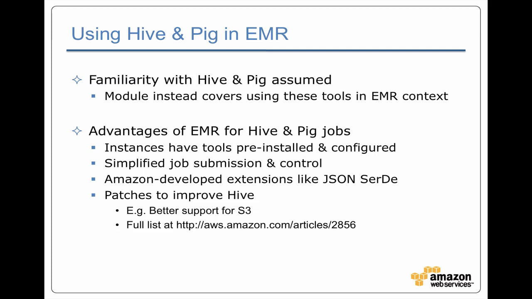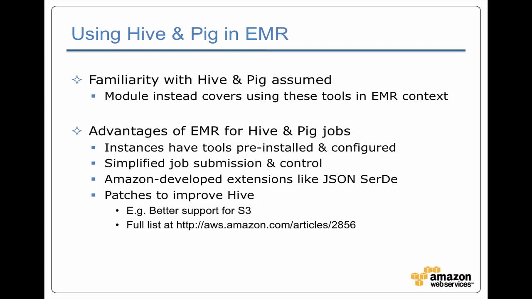You have a very simple way of both running, monitoring, and then also terminating your Hive jobs because you've got the Amazon Management Console and also the command line tools that let you interact with Hive. There's some things that Amazon's done to extend and improve Hive. So for example, there's a JSON SerDe that lets you read and write data in JSON format.